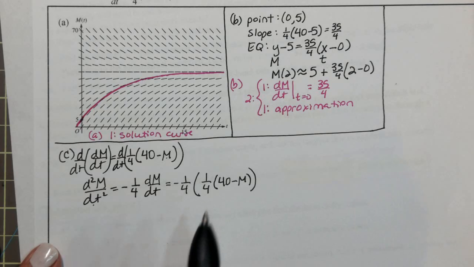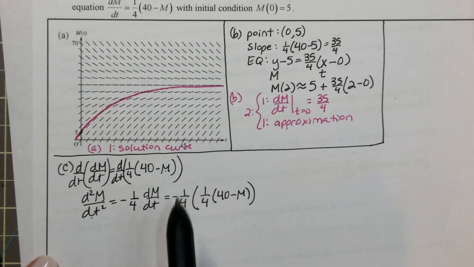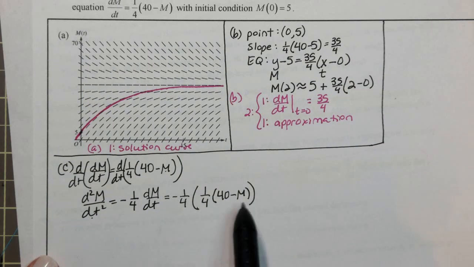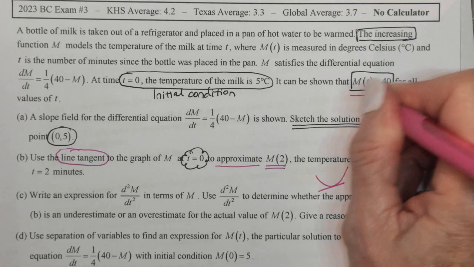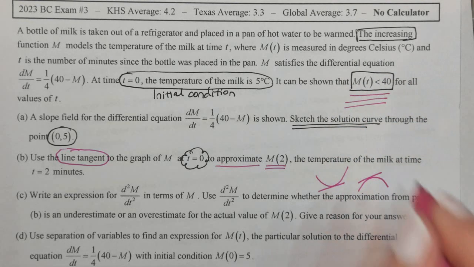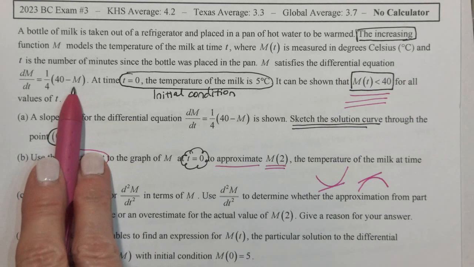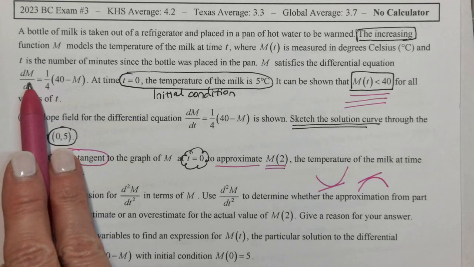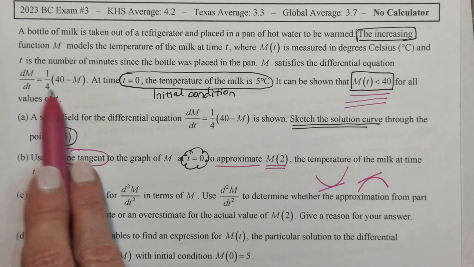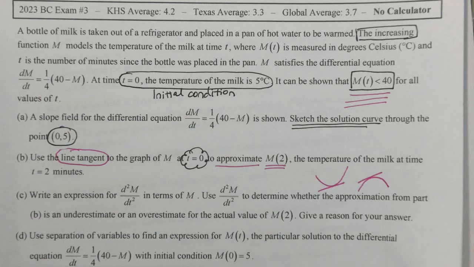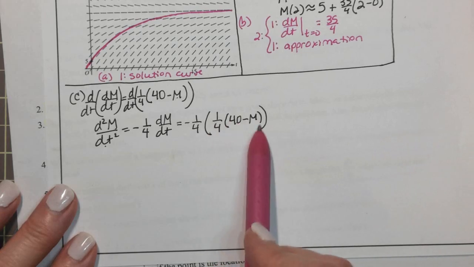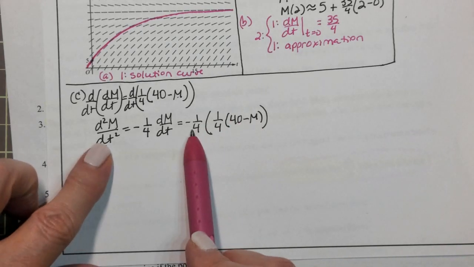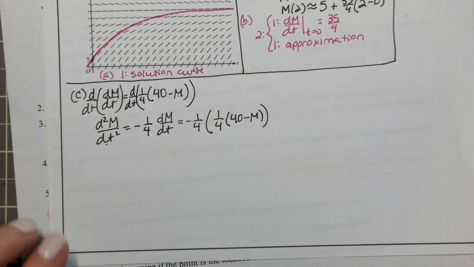At this point we need to determine, is the curve concave up or concave down? In the original problem, they told us that m was always less than 40. If m is always less than 40, then dm dt here is always positive, true? So this piece right here is always positive. Therefore, the second derivative is always negative.